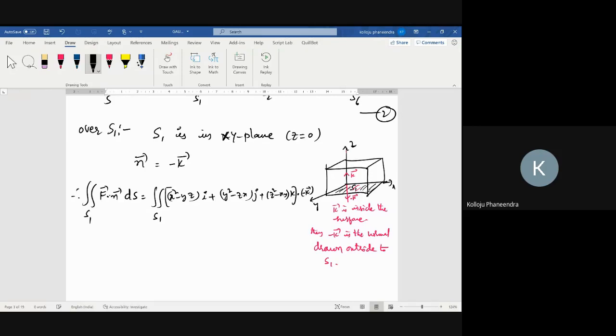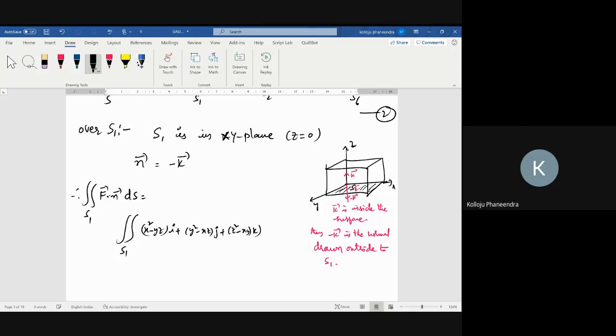There is no place here, so let me write it here. This is equal to double integral over S1 of (x square minus yz) i plus (y square minus zx) j plus (z square minus xy) k, dot product with minus K bar.